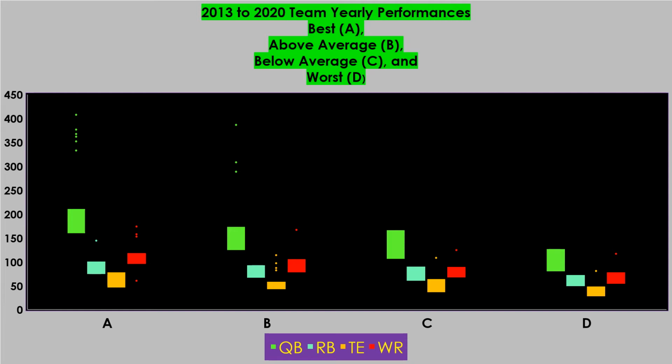So if we look at quarterbacks in green, here are the best teams. You can see right away that those teams having the best quarterbacks did well, right? Look at the worst teams. Compare the worst here, see what this box is versus the best.